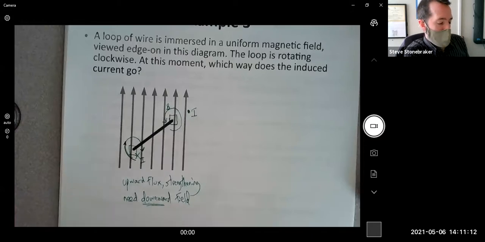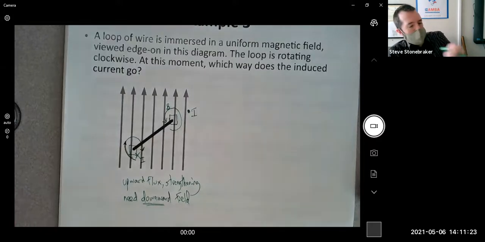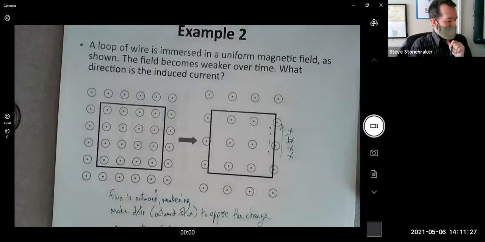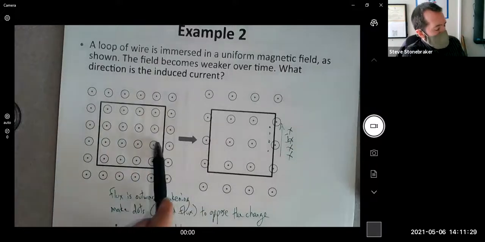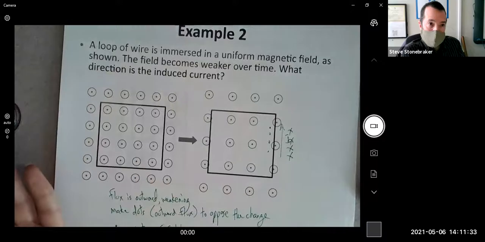So in any of these problems, you can always approach them either through the force stuff or the flux stuff. Occasionally, the force part gets a little bit tricky. Like I didn't do it on the earlier one, but you'd have to imagine that these field lines are moving in this case.